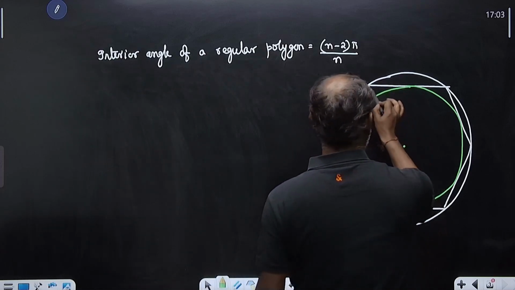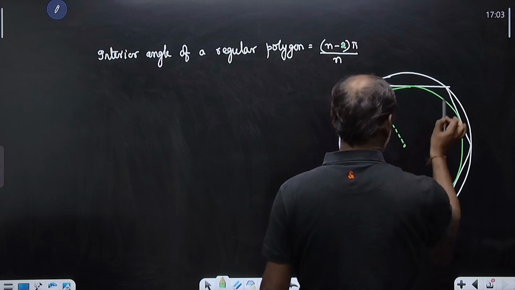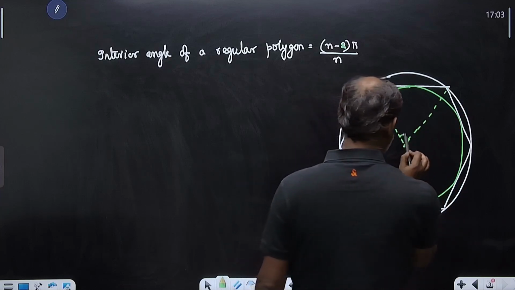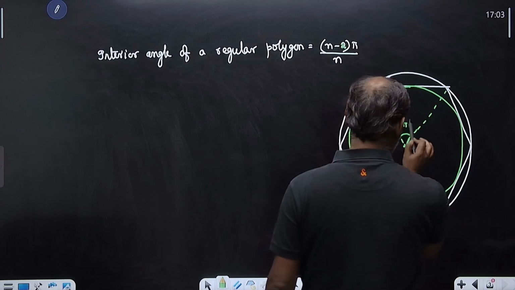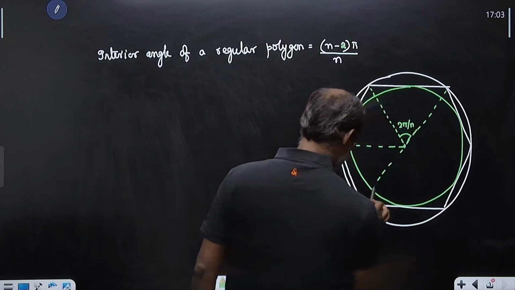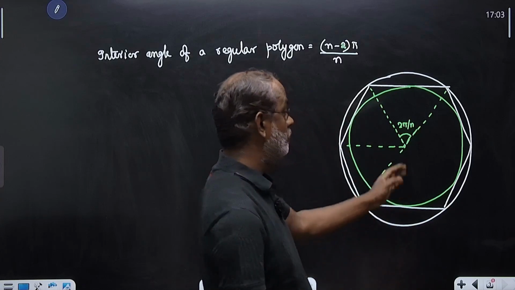Now, at the center, the sides are all going to subtend an angle of 2 pi by n, because all the chords are equal in length. So, in a hexagon it is going to be pi by 3.